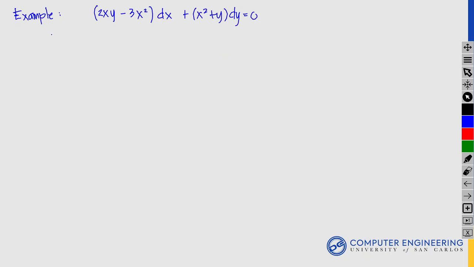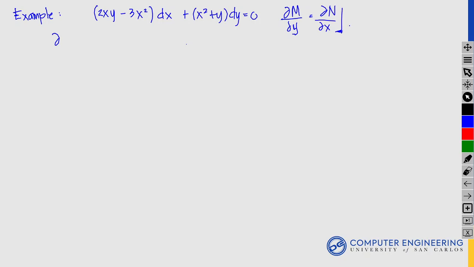Always check for exactness, so partial derivative. Our example: we have the quantity 2xy minus 3x squared dx, and then x squared plus y dy equal to 0. We check for exactness. We recall that the partial derivative of M with respect to y should be equal to the partial derivative of N with respect to x.